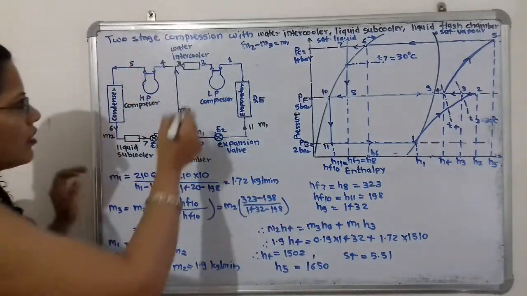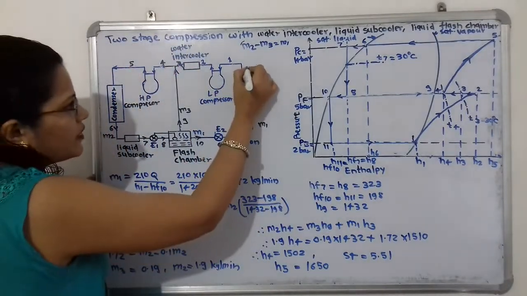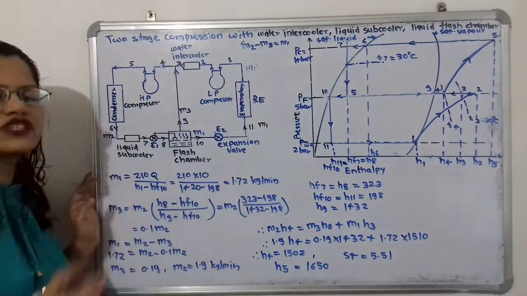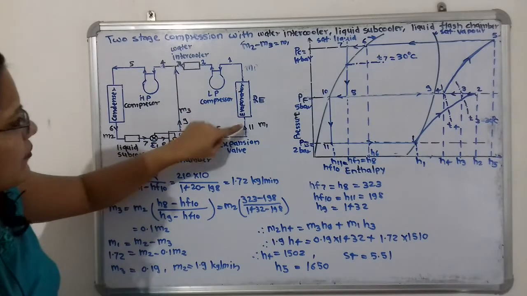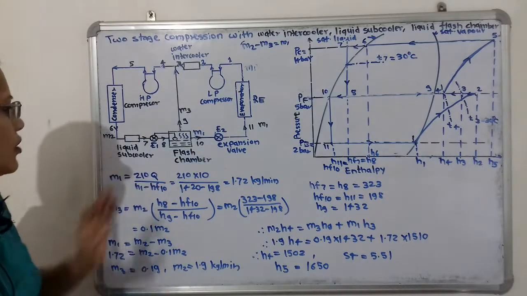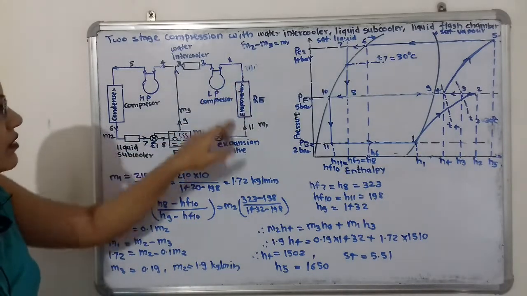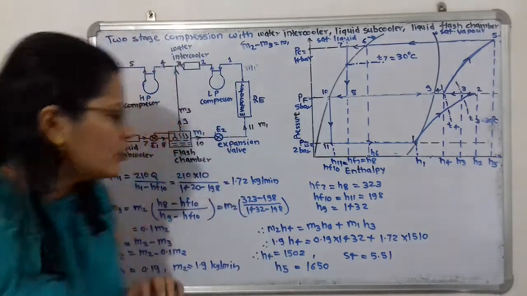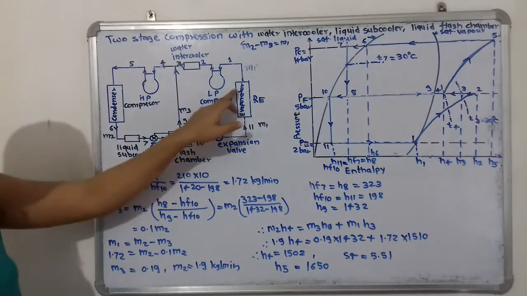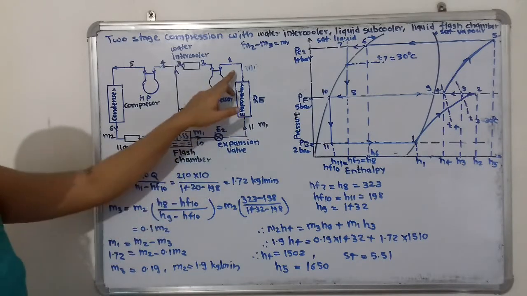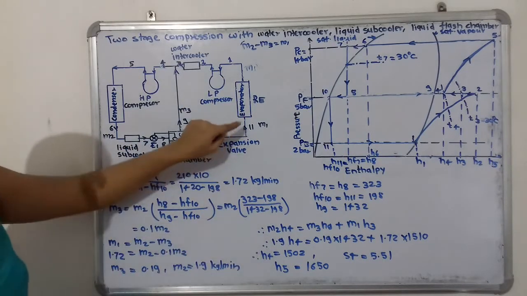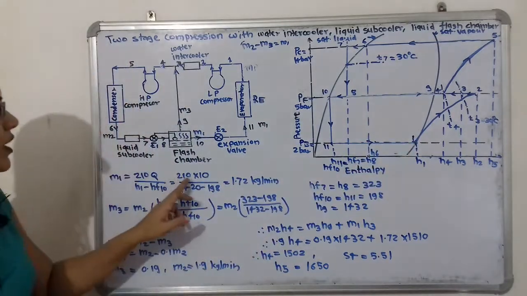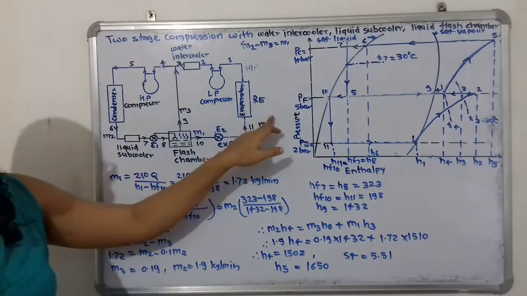So we know how to calculate M1. M1 is the mass of refrigerant which gives the refrigerating effect, from the process 11 to 1. So we can calculate this M1 from the process in the evaporator. What is the process? That is 210Q divided by H1 minus H11, because 11 to 1 is the process of evaporation, and 210Q is the refrigerating effect.